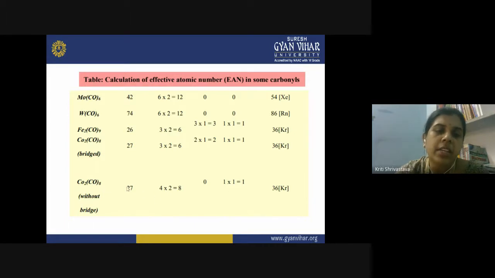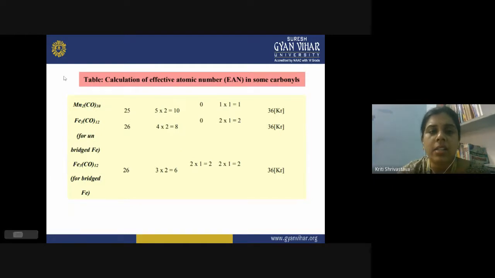Here, 27 is the atomic number of the cobalt, and 4 carbonyls in the terminal mode give 2 electrons each, so a total of 8 electrons are coming, and also we have one metal bond. When you add all these values, it will equal 36. So this is the effective atomic number, equal to the atomic number of the nearby noble gas, that is krypton.